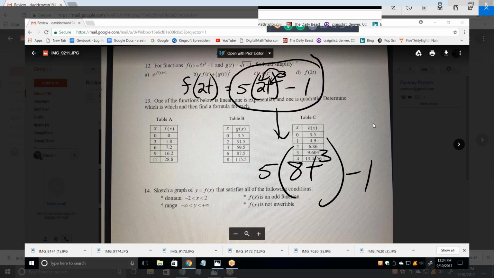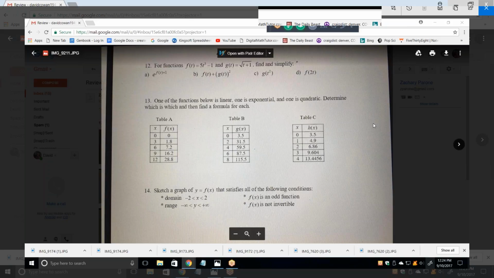Very simple. Whatever's inside the parentheses, plug in for t and simplify. It's really not hard at all. This is one of the simpler concepts in algebra: when you have something inside the parentheses, you take whatever it is and you plug it in for t in the original function. That's it. And then you simplify.